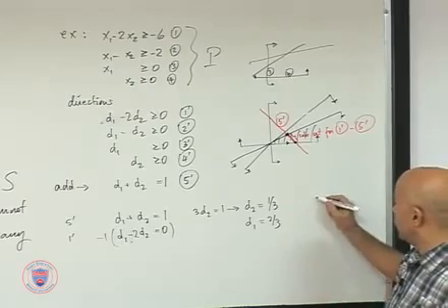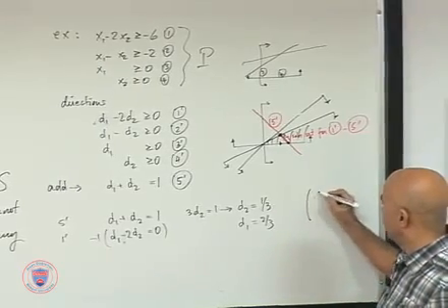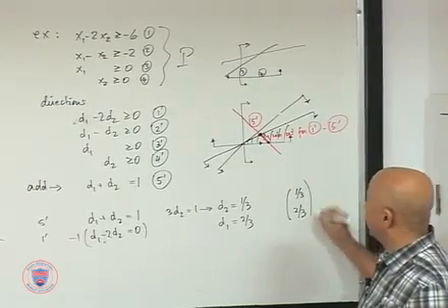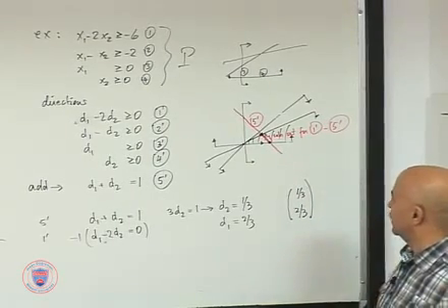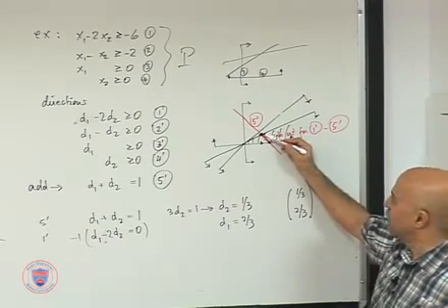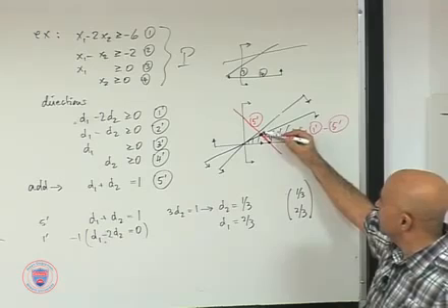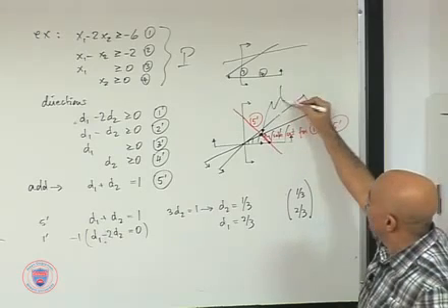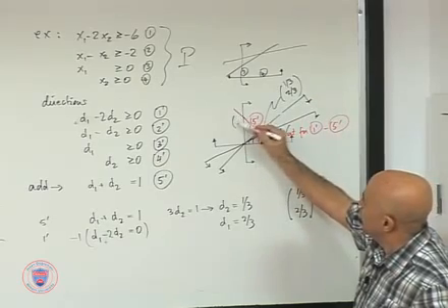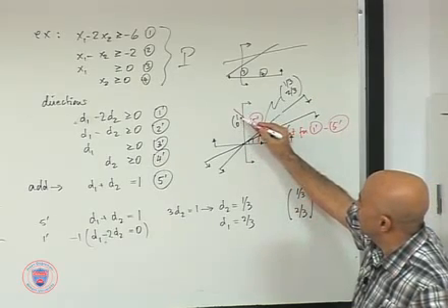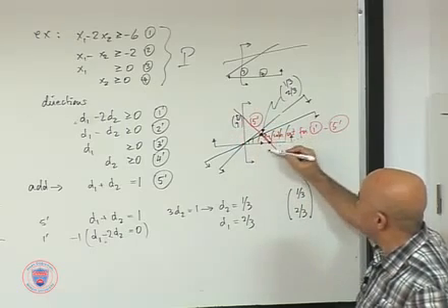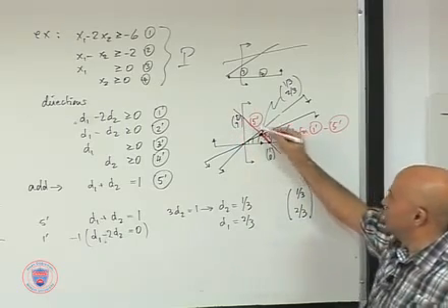Okay? So this is the vector 1/3, 2/3, in normalized fashion. So that's the point 1/3 and 2/3. If your intercepts here are 0, 1, and 1, 0 for the red line.